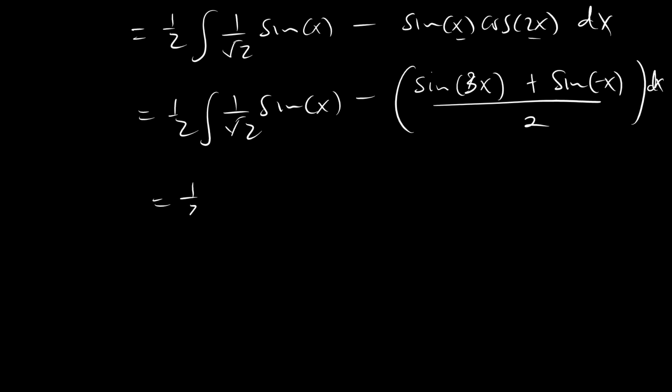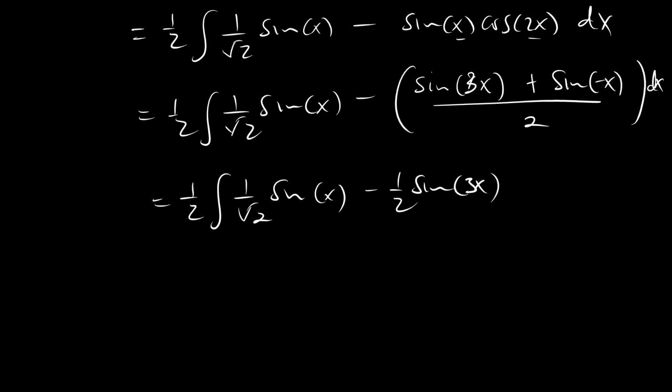So this is a half times 1 over root 2 sine x, minus a half sine 3x. This negative propagates out, so this becomes minus, minus, minus, we have a half sine x.